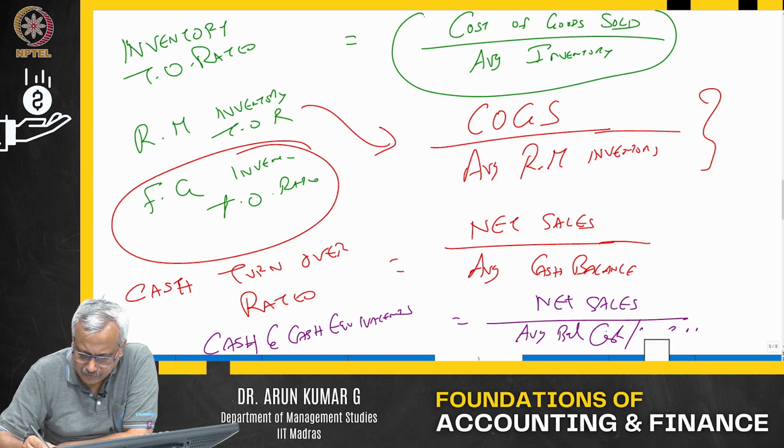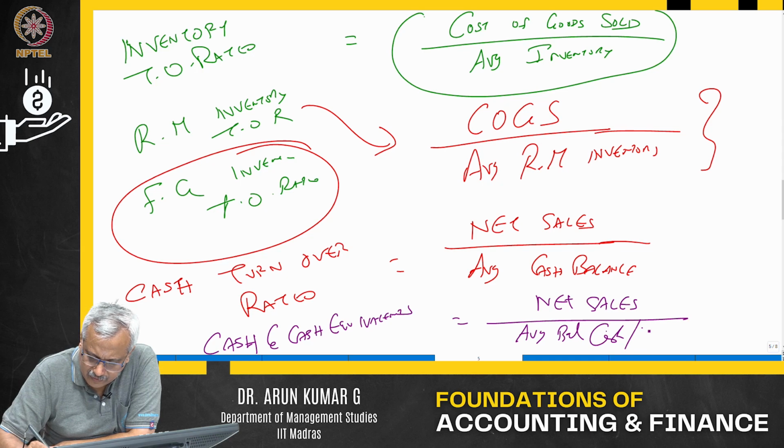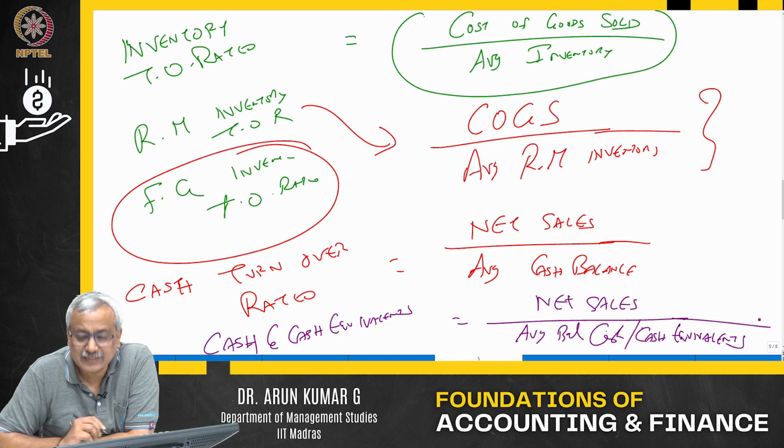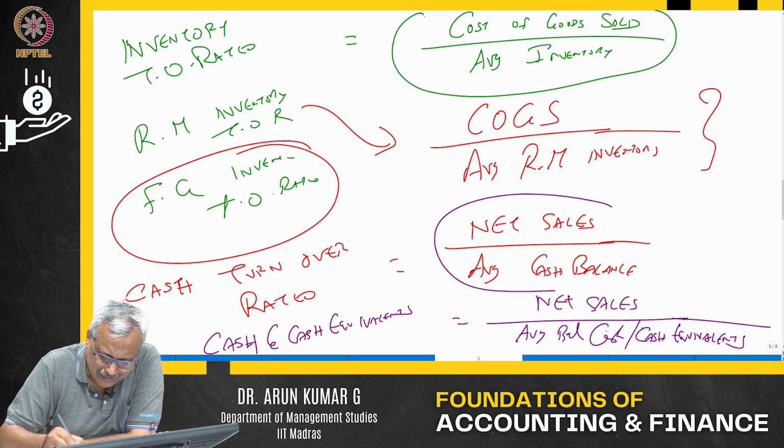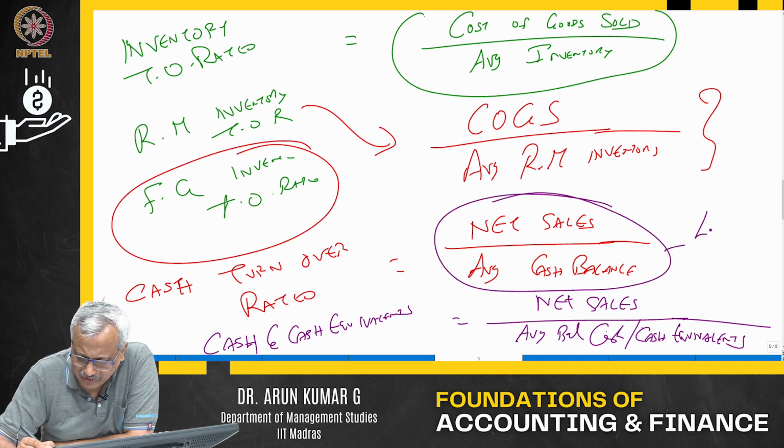Sorry, I am going to write it more legibly. In this particular case, I could include the money that is there in the bank, not the liquid cash alone, like what I said here. Here I talked only about liquid cash or hard cash.